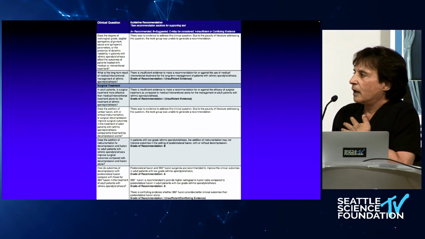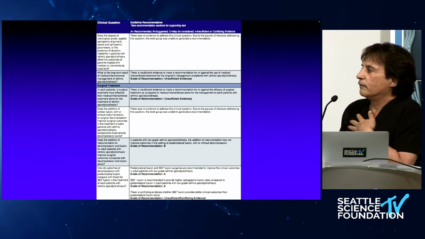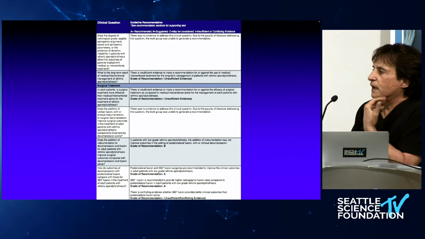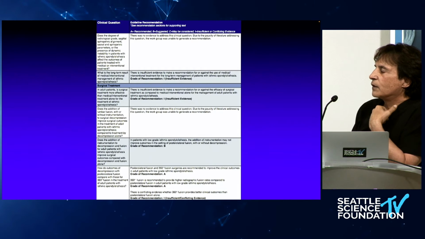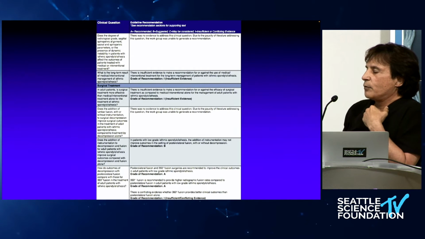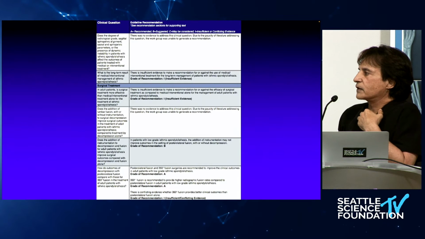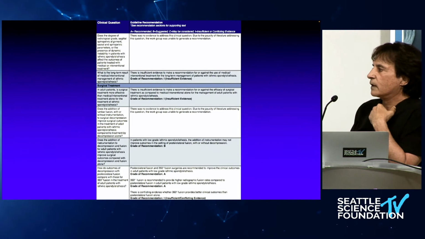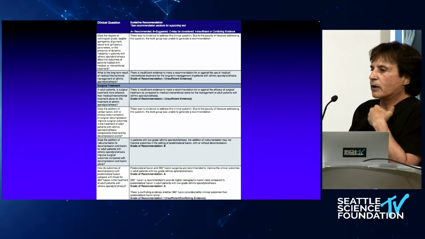Now, for my talk, how do outcomes of decompression with posterolateral fusion or 360 influence outcomes? What we know is this: posterolateral fusion and 360 fusion surgeries are recommended to improve the clinical outcomes in adult patients with low-grade isthmic spondylolisthesis.